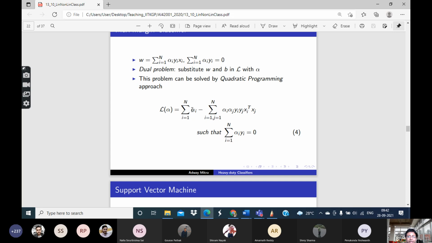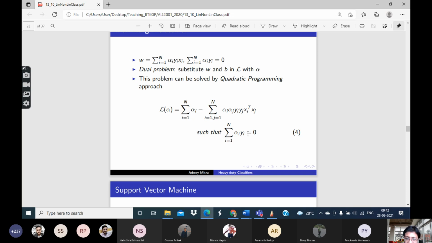What is written as alpha i in these slides, we are writing as lambda i. So we get a function which is just a function of the lambdas, n of them, and apart from that there are the yi's and xi's which you have from the data set.